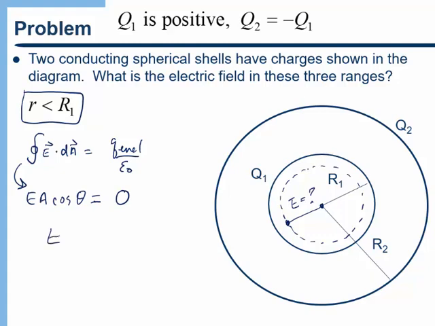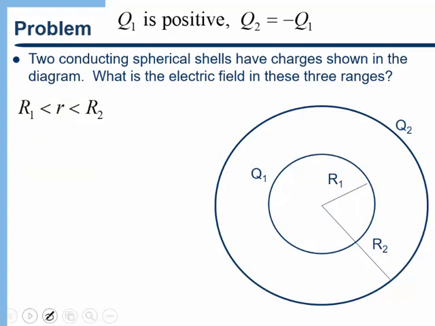And therefore, the electric field anywhere at a radius less than r1 has to be equal to 0. So there's no electric field anywhere inside that first physical shell. Now let's look at what is the electric field at some point in between the two shells. So what is the electric field right here at this point?